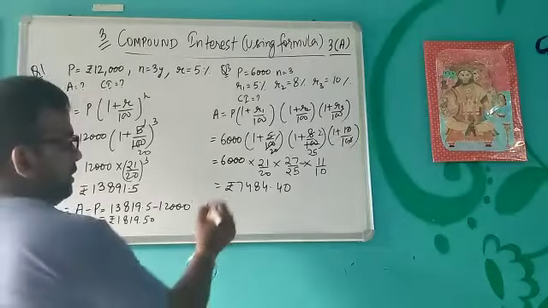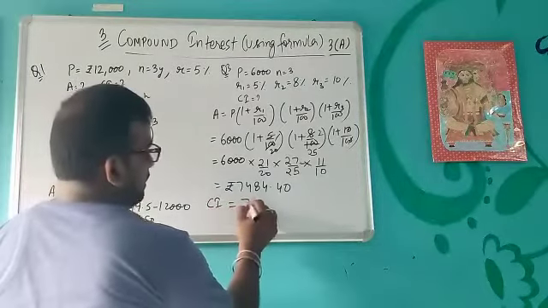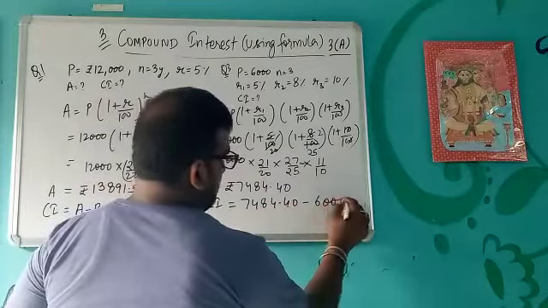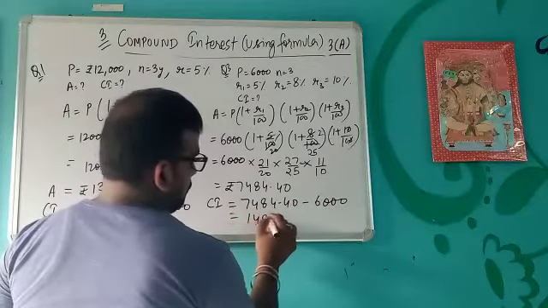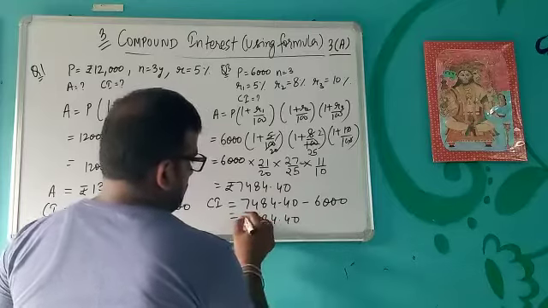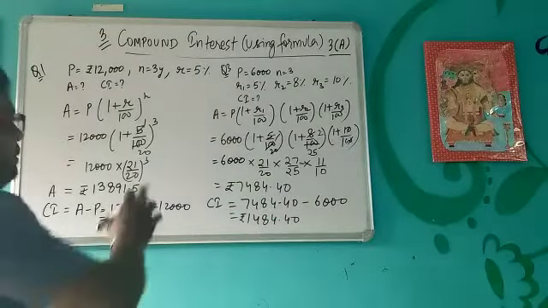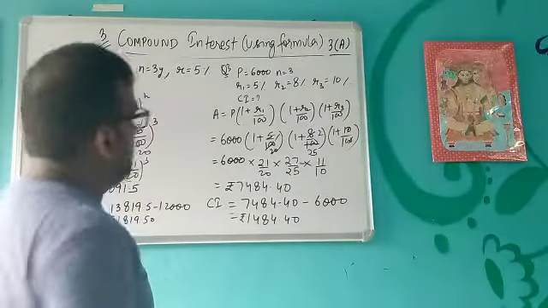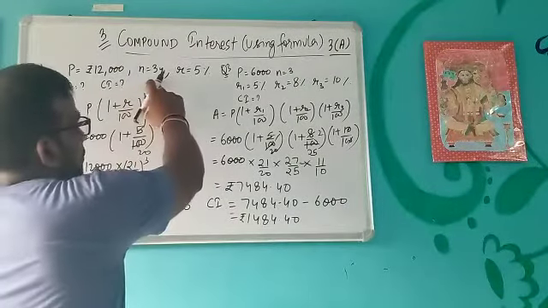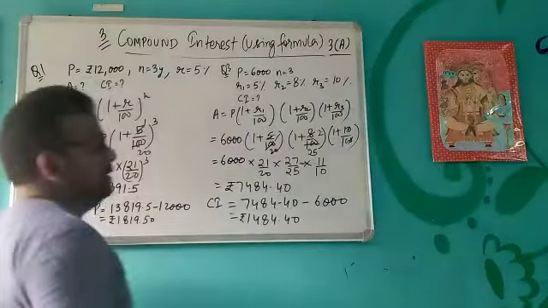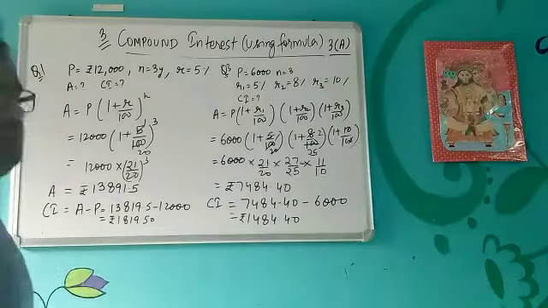So this is the amount. Then what is our interest? We will subtract the principal, so 484.40. This will be the interest. So the difference between these two problems is, in the first the rate is the same for all 3 years, and in this one the rate is changing after every year. So this is how you can use these two different formulas.